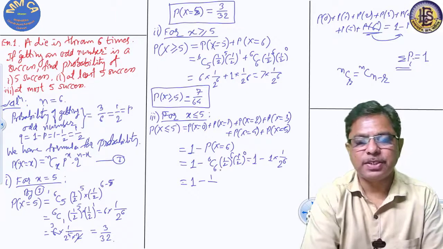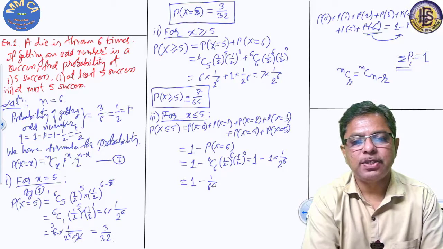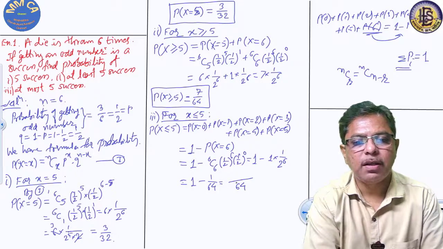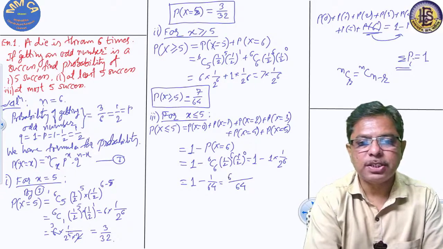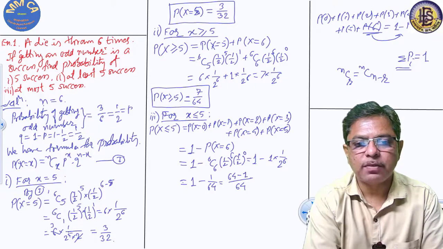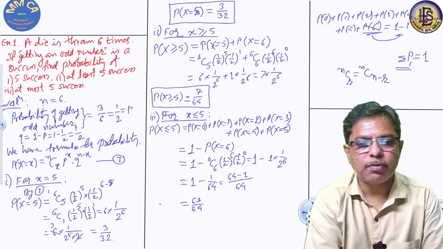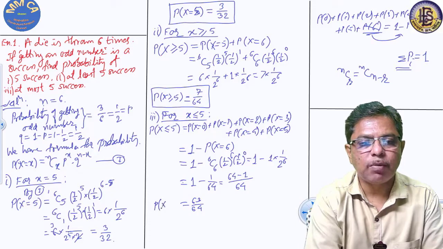Just we have discussed it, 2 raised to 6 is 64. And so making the common denominator 64, cross multiply that, 64 minus 1. And 64 minus 1 is 63 divided by 64. So this is the answer for probability of X is less than or equal to 5.